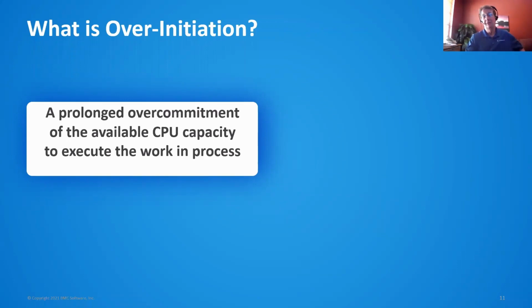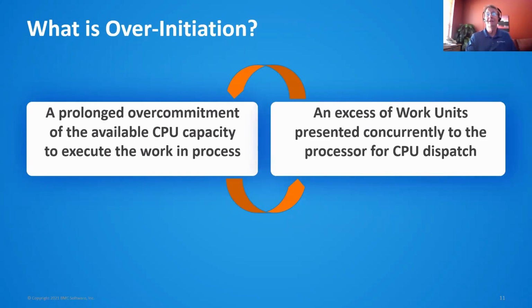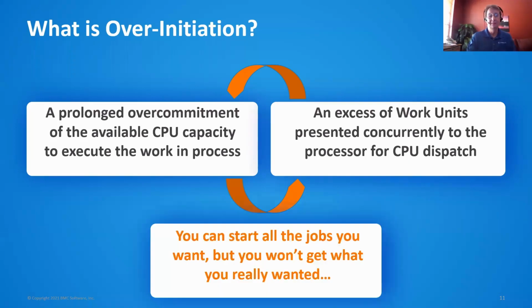And I think everyone that's been involved with batch is familiar with it. Another way to look at it, more technically, it's an excess number of work units presented concurrently to the processor for CPU dispatch. So there's a big, long queue of work units waiting to get on the processor, okay?